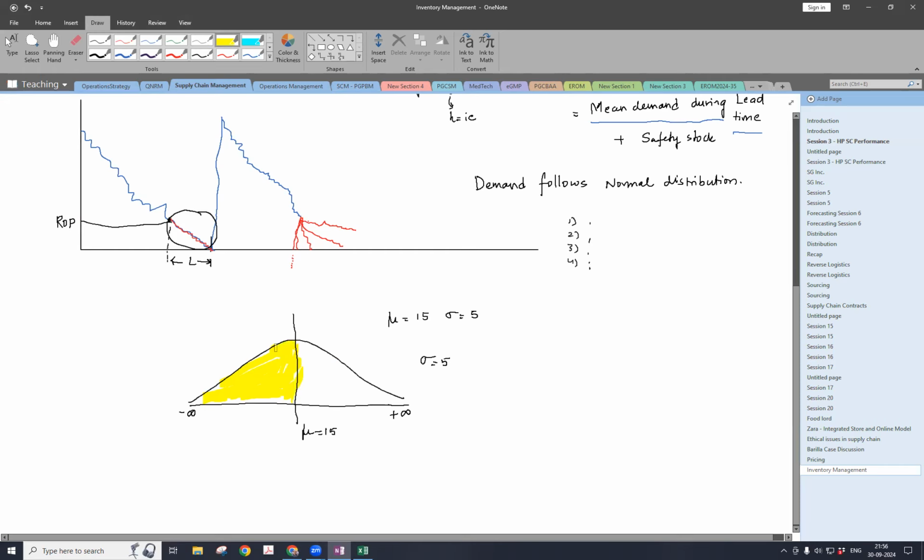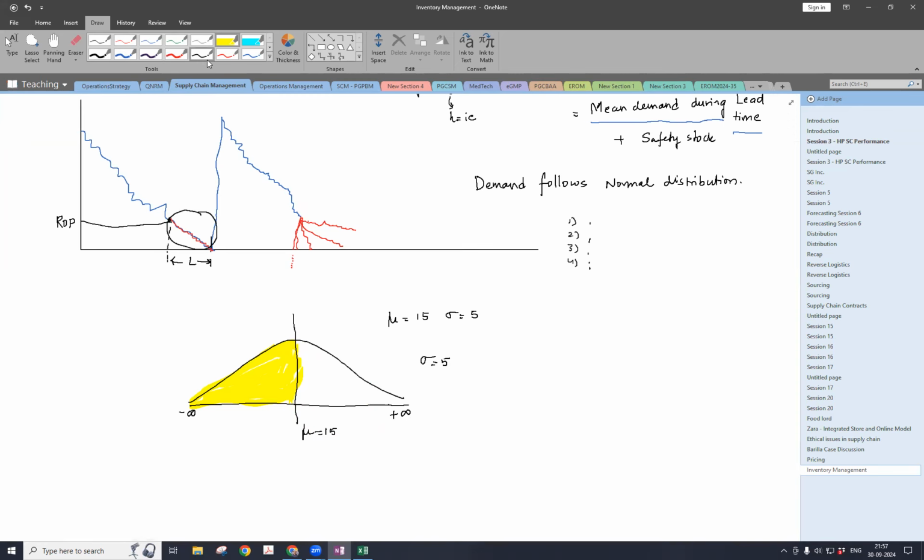That means it has 50% on the left side and 50% on the right side. That means 50% of the values are to the left of it. That is a 50% chance that the values in my demand data will be 15 or less, and a 50% chance that values are 15 or above in my demand data. That is what this is saying.